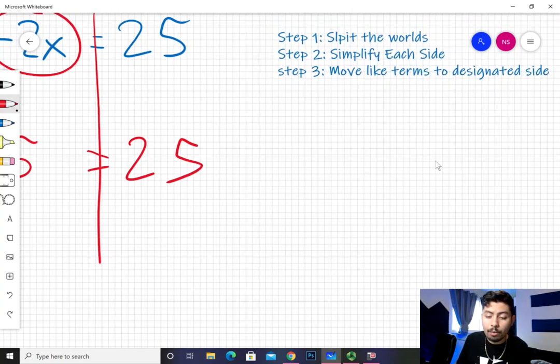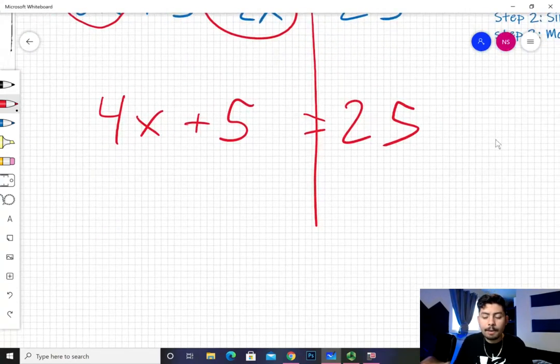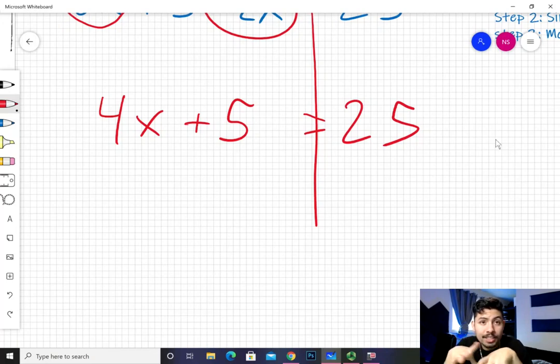What do I mean by that? What I mean by that is this. If we look here, every equation is going to be different looking, but it's all essentially the same thing. All we want to do in this specific case in step number 3 is move polynomials with polynomials and numbers with numbers. All right.